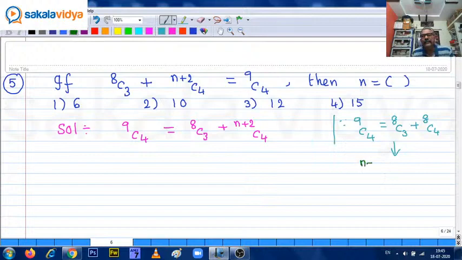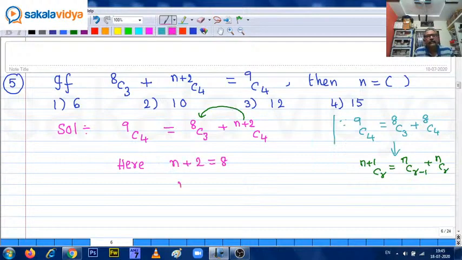Here see, n plus 1 Cr equals to nCr minus 1 plus nCr. Understood now? So that means actually here see, the n plus 2 must be equal to 8. So n equals to 8 minus 2, whose value is 6. That means first option is the right option.